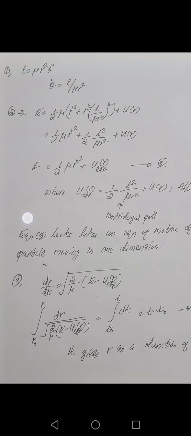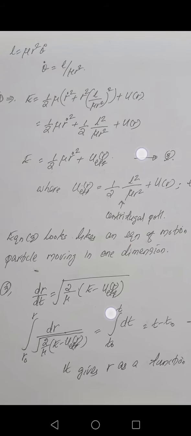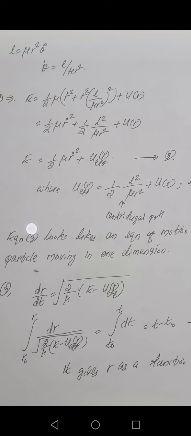If you look at equation 3, there is no dependency on theta. That simply means it is the equation of motion of a particle in one dimension, only dependent on r, something like a straight line motion.